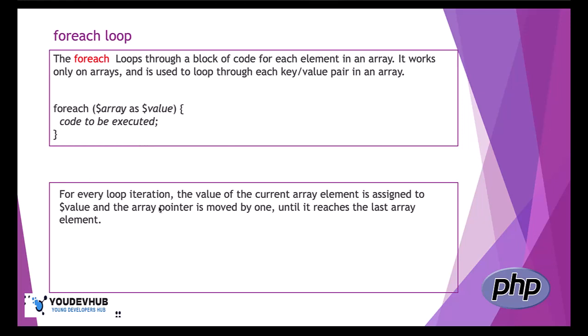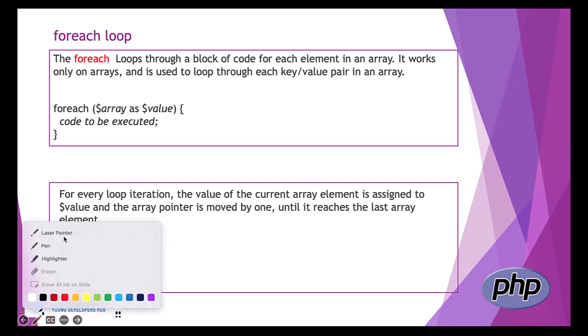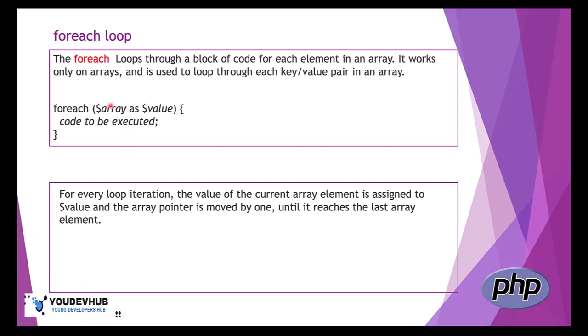For each loop iteration, the value of the current array element is assigned to a value. We have array as value and the code to be executed. The elements of the array are assigned to each value, and the array pointer is moved by 1 until it reaches the last array element.